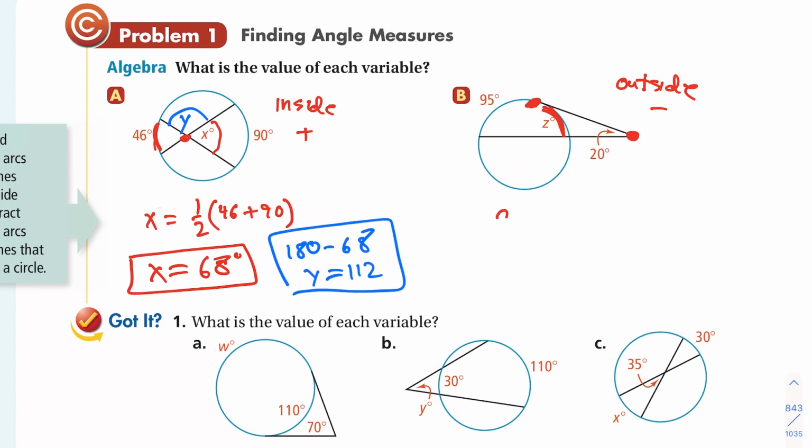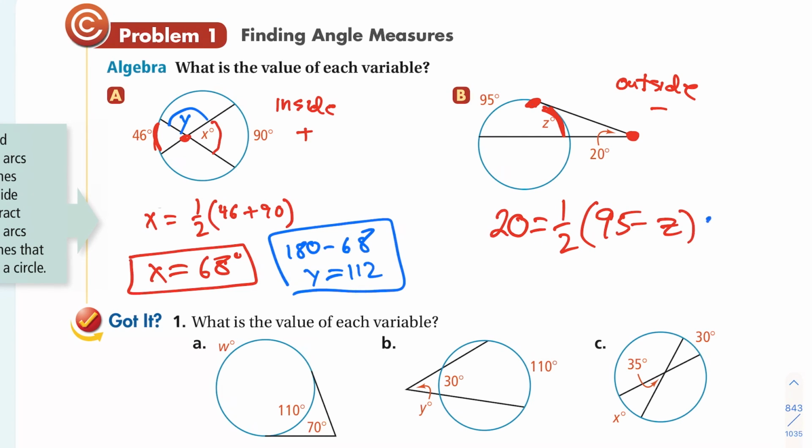So we are going to say 20 equals half. Again, remember half. The intercepted arcs, we're going to take the big one, 95, and subtract z. Okay, how do we simplify from here? We can use the distributive property with this half.